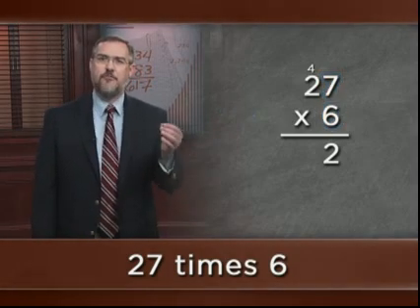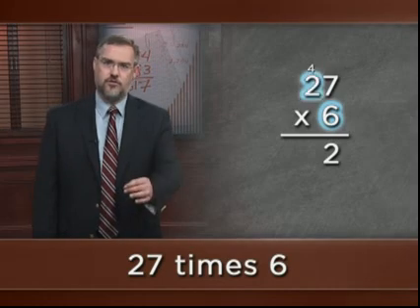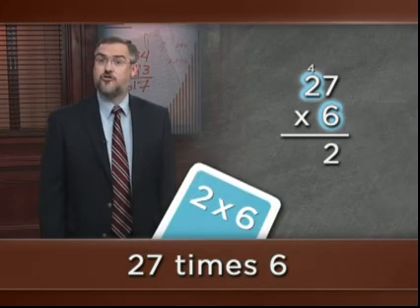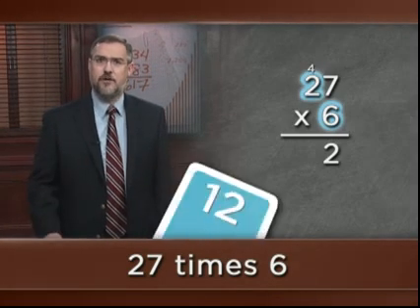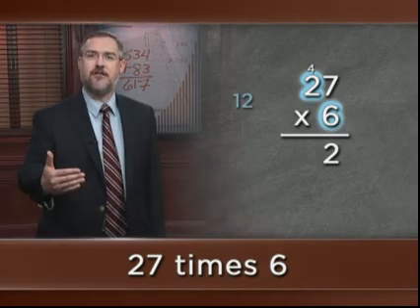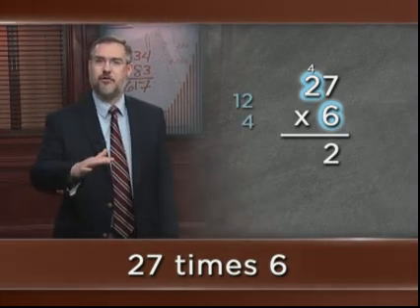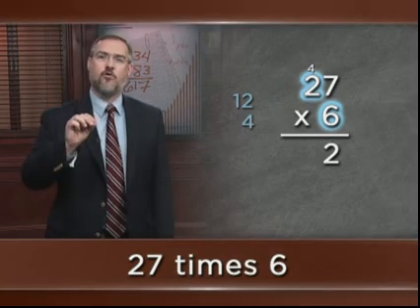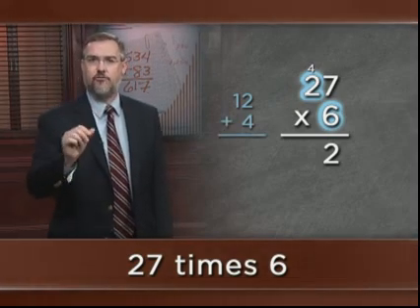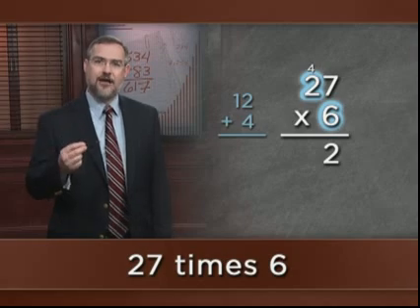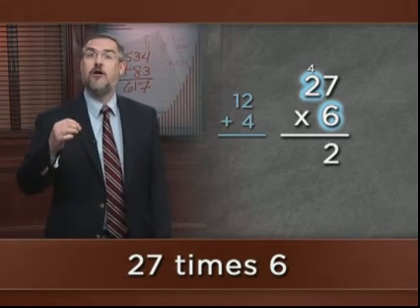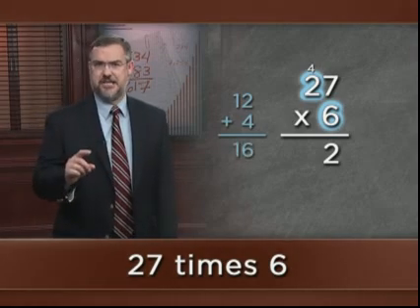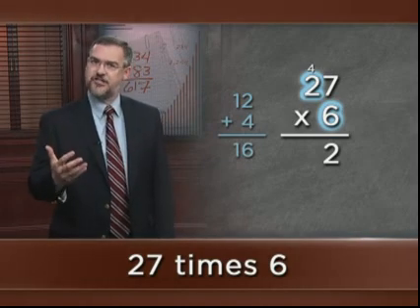Next, I want to multiply my 6 with the 2 in the 27. 2 times 6 equals 12. But now I have to bring in that 4 that I carried a moment ago. How? Well, that 4 gets added to the 12 we just calculated. So what we actually are going to have is 12 plus the 4, or 16. Where do we write our 16?